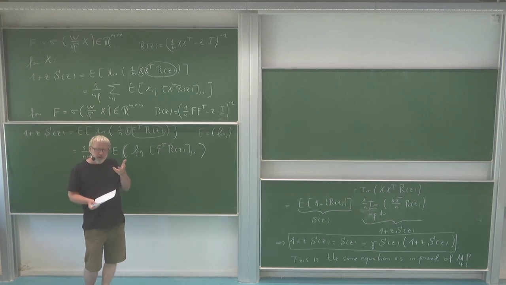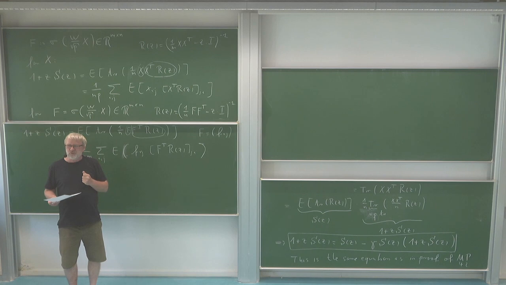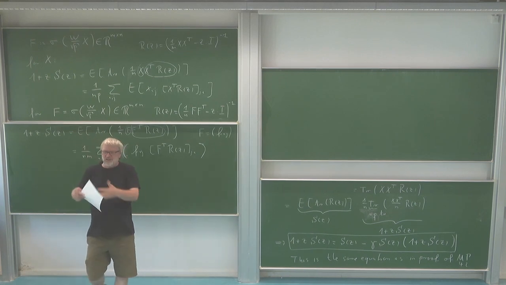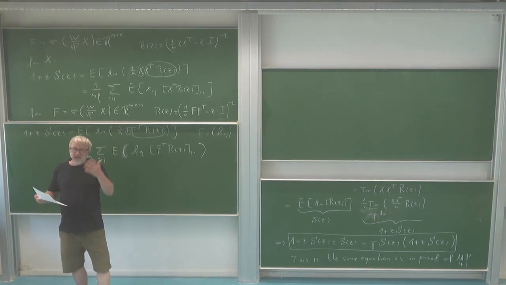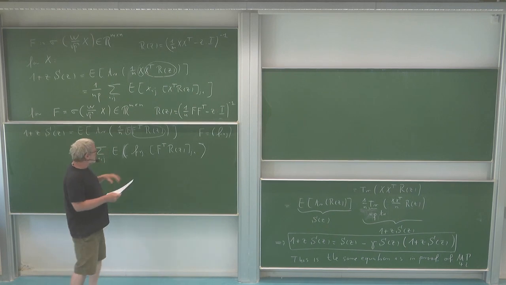But this depended on the fact that the X_ij had a very specific distribution. This is now not the case anymore, because the entries of F are multiplications of independent guys, but they are not independent anymore, and at the end we even take some non-linearity. So it's not so clear what this is.